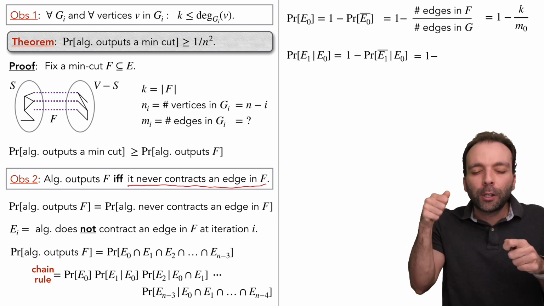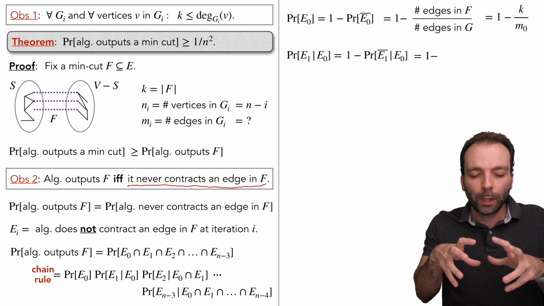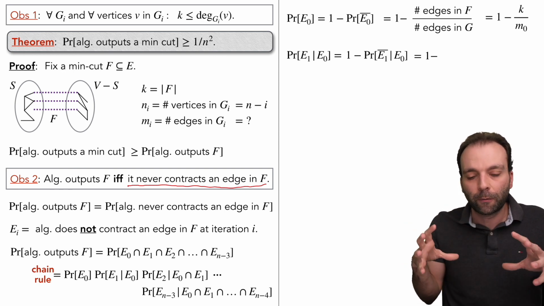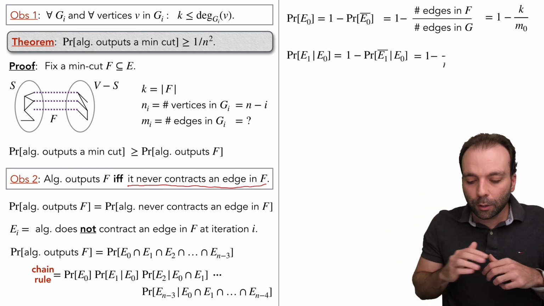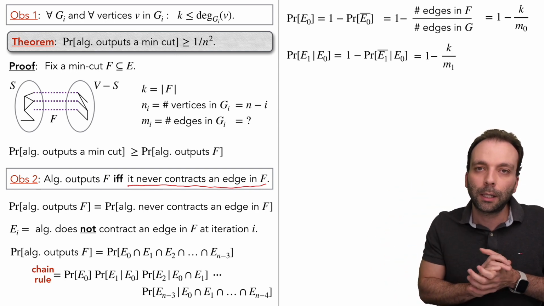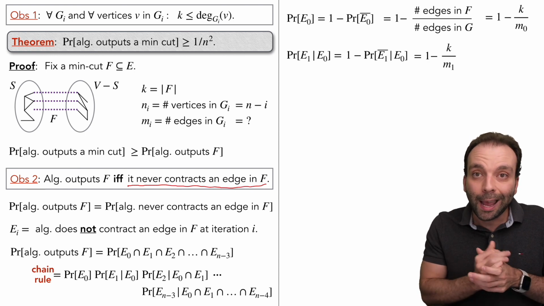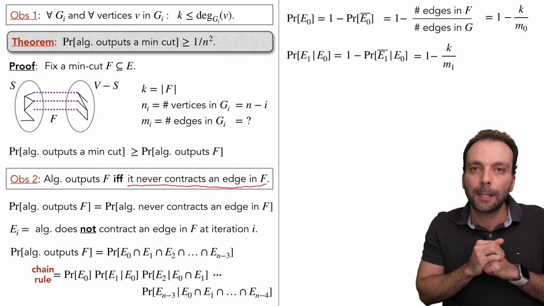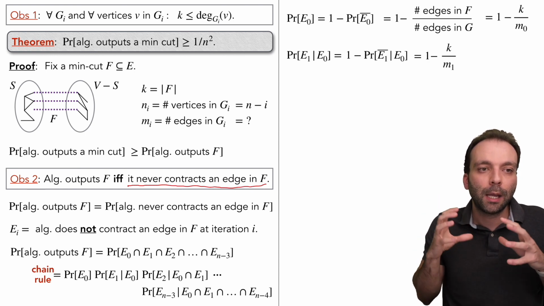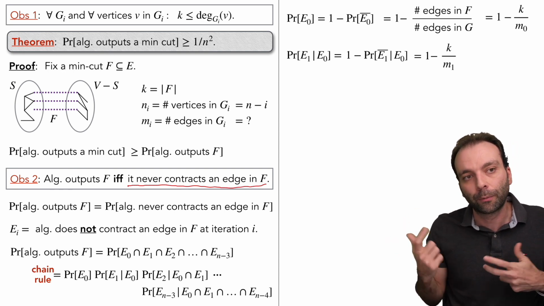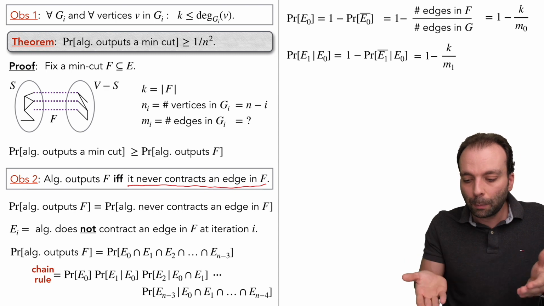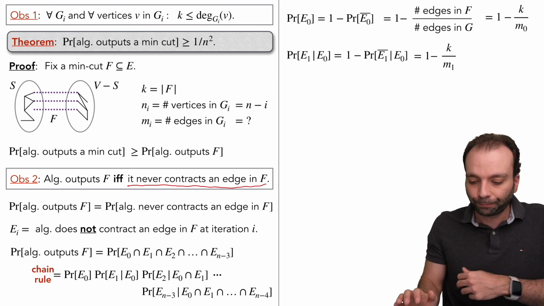I still have all the edges from F in the bag because we're conditioning on the fact that we did not contract an edge from F. I'm picking one at random. So again, the probability here is going to be K over M1. All those K edges remain in the bag, but now the number of edges I have in total is M1, not M0 anymore. So it's basically the same, but instead of M0, it's M1.